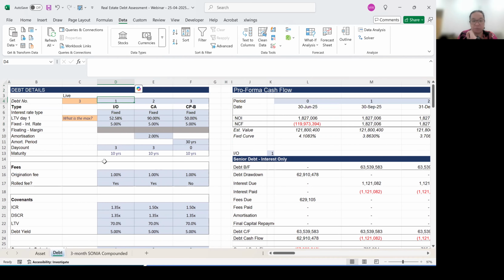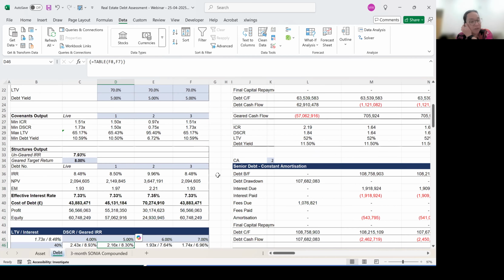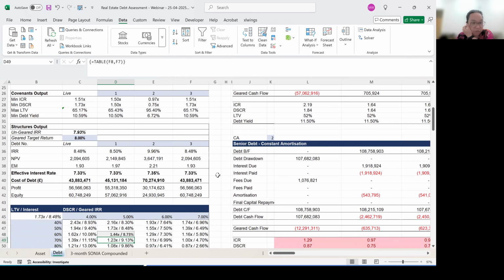So you could borrow a little bit more here if you change the maximum loan to value. Okay. So the idea here of your capital stack optimization is trying to find what is the maximum you could borrow given the thresholds that you have in terms of covenant. Another thing that is important here, the optimization of the capital stack is pretty much based on the covenants and your interest rates. Okay.